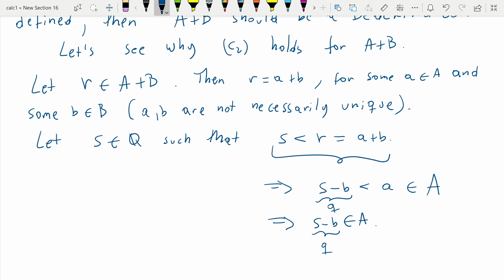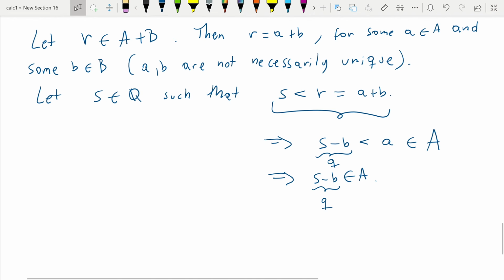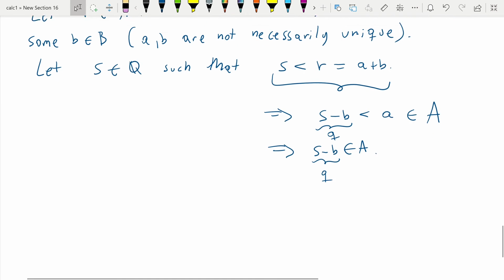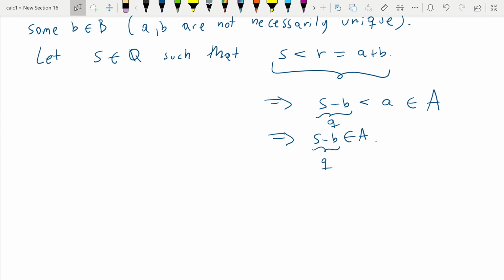When we subtract rational numbers, we get a rational number. So we have a rational number that is smaller than the element a in A. Then that rational number must be in A as well.